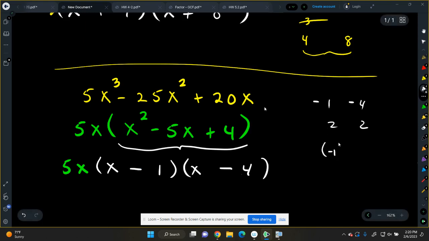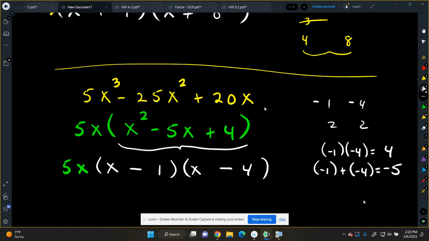Right? A -1 times a -4 equals +4. -1 plus -4 equals -5. Okay? So that was a little bit trickier. Okay, let's try another one that's tricky.